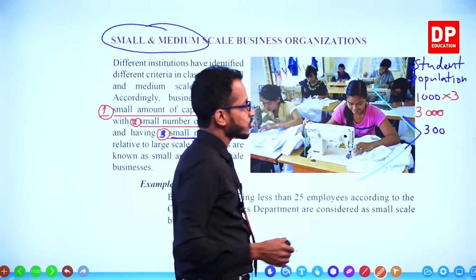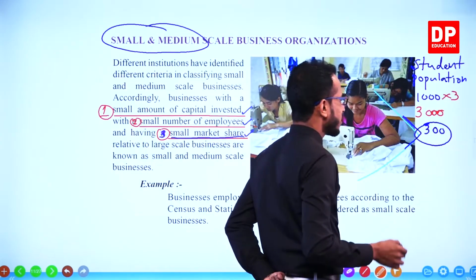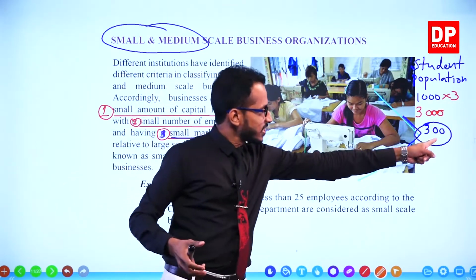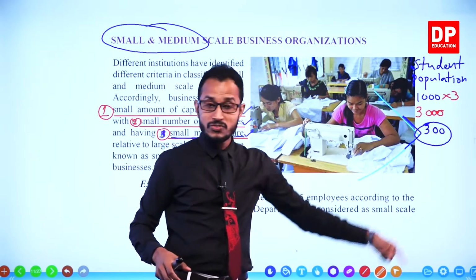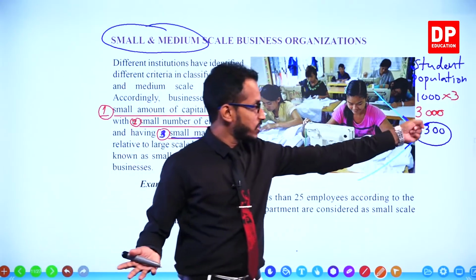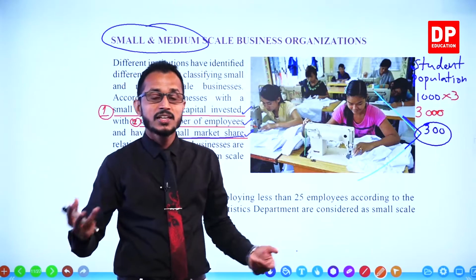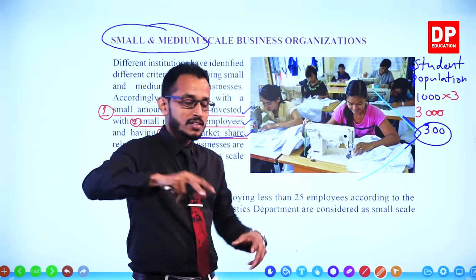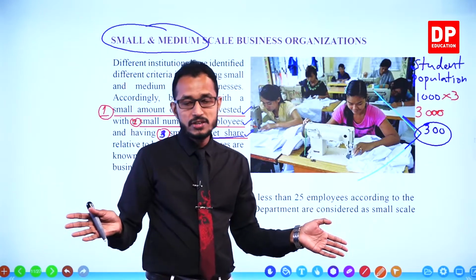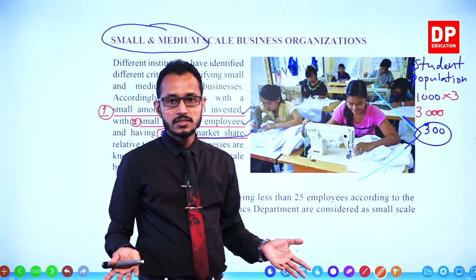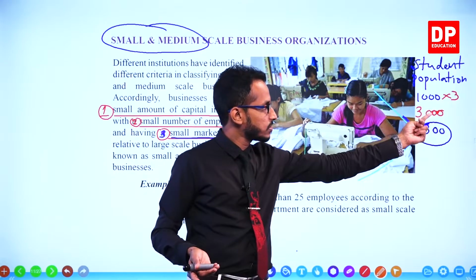So how much of a portion or fraction is this 300 out of that 3,000, the entire market? This 3,000 is the entire market. Market means the consumers or the customers who demand the product you are producing, the entire demand in the market.